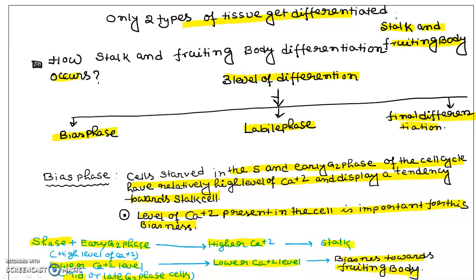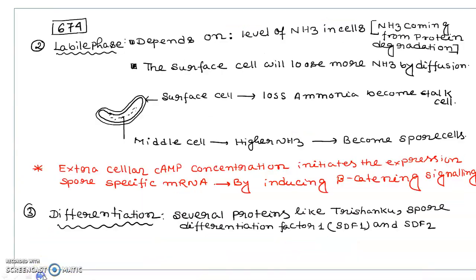That is the calcium hypothesis. The second one is the ammonia hypothesis, which depends on the concentration of ammonia in the cells. Ammonia comes from protein degradation. The surface cells lose more ammonia by diffusion, so they become stalk cells. Middle cells with higher ammonia become spore cells.